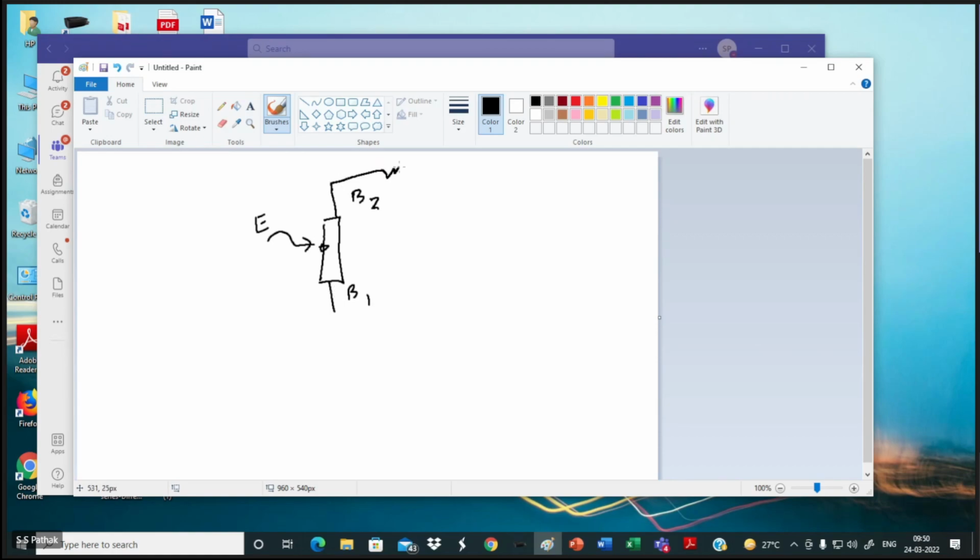Now I am applying the supply through a resistance, this R, and I am observing the voltage here. This is my V, this is my I. This VI characteristic I am observing here. So what will be there? When the voltage was given here, let us say VB2, what was the voltage at this point?